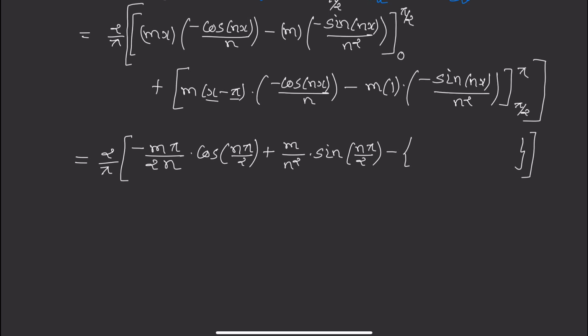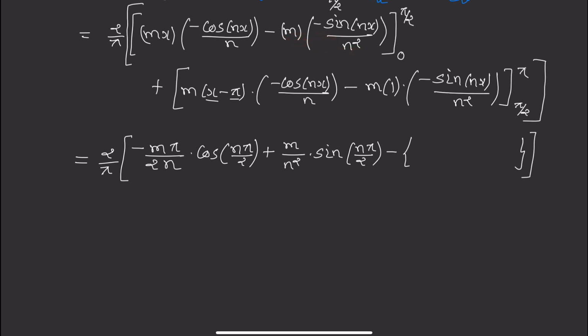Okay, so when x is equal to 0, m into 0, which is 0, so 0 into this is 0, so the answer of this is 0. Here when x is equal to 0, this will be sine 0, and you know sine 0 is 0, so m into 0 will be 0, right?